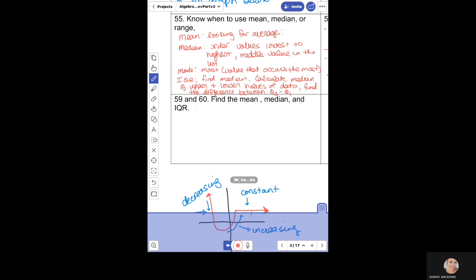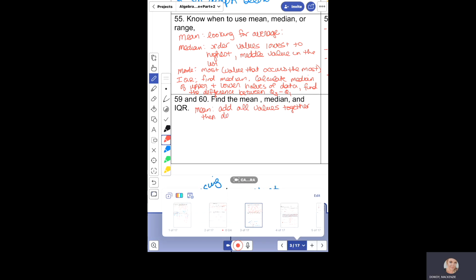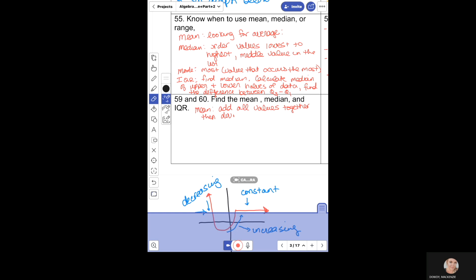Mean: add all values together, then divide. Gotta stop trying to write fast. When you rush, things actually take longer. Then divide by the number of values.